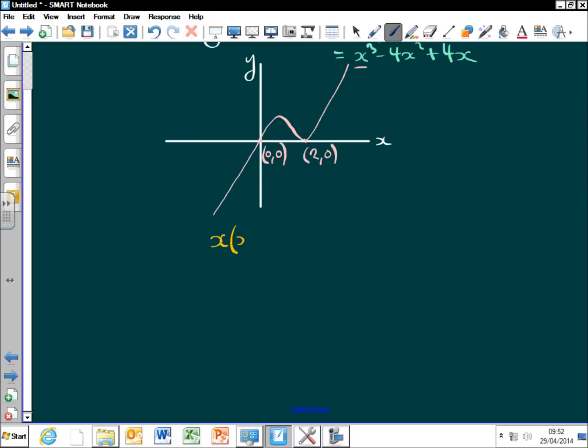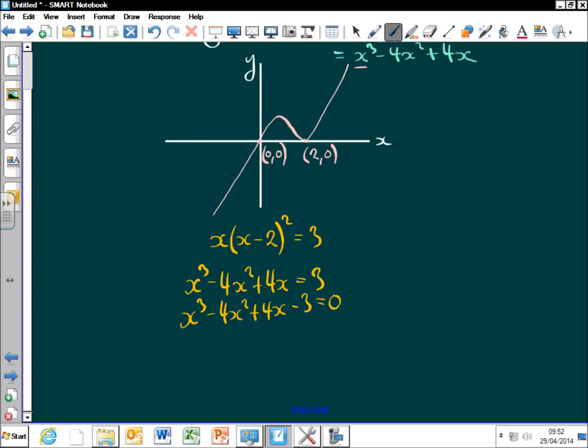So we've got x times x take 2 squared there equal to 3, but we've already shown the thing on the left can be written as x cubed minus 4x squared plus 4x, and this is all equal to 3. And then if I bring the 3 over, that equal to 0. I'm done, I've proved it, that's another mark.